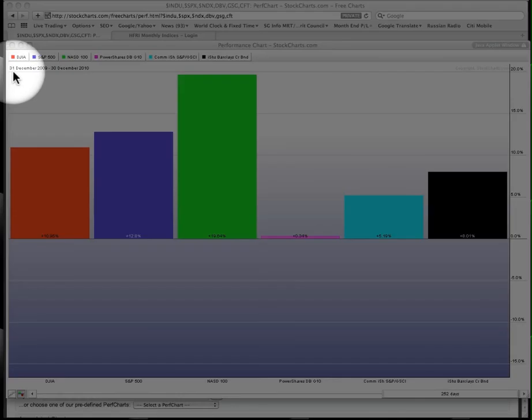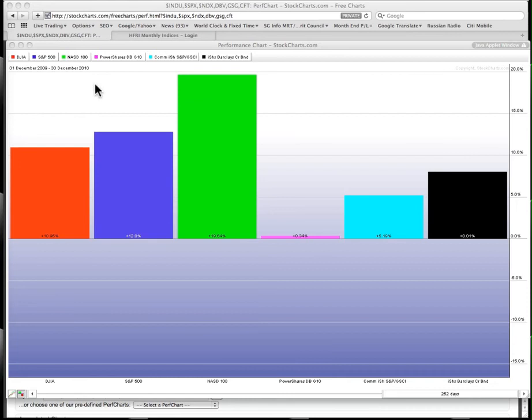I've just enlarged the chart. This is the year-to-date performance from 31st December 2009 till 30th December 2010.